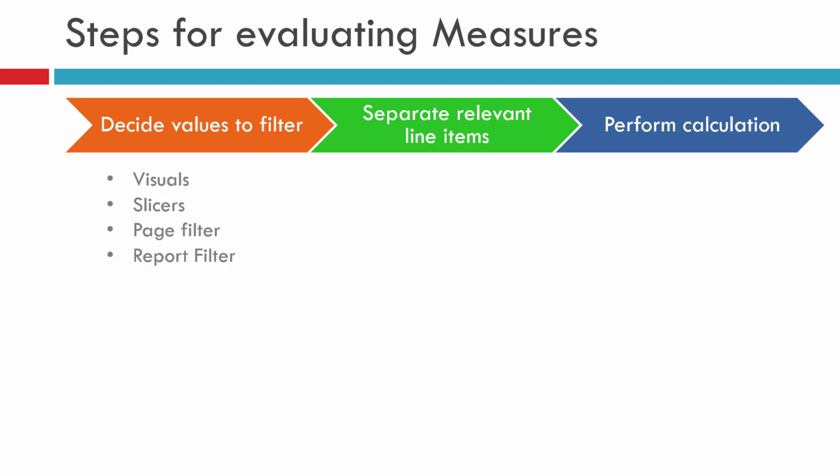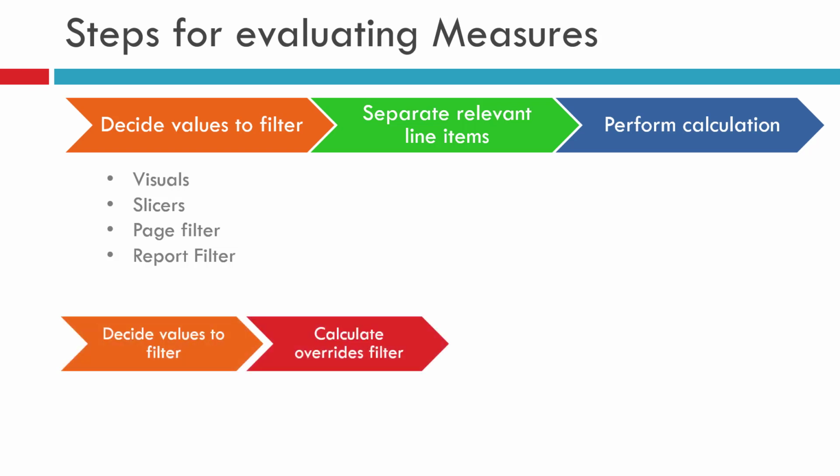Now when you use the CALCULATE function inside a measure, this 3-step process is converted into a 4-step process. When you have a CALCULATE function, there is a new second step which is also being performed. After getting the initial filter context values, it is checked whether the CALCULATE function is overriding the initial filter context or adding a new filter context.